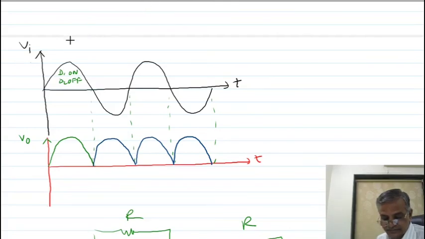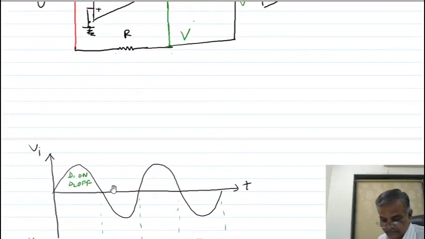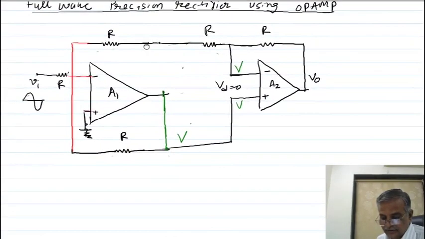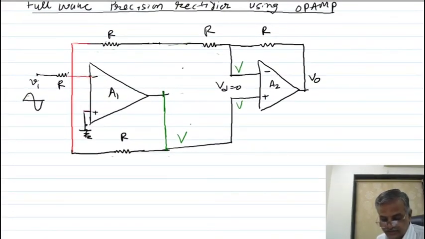Look again. This is your actual circuit, with the diodes D1, D2.